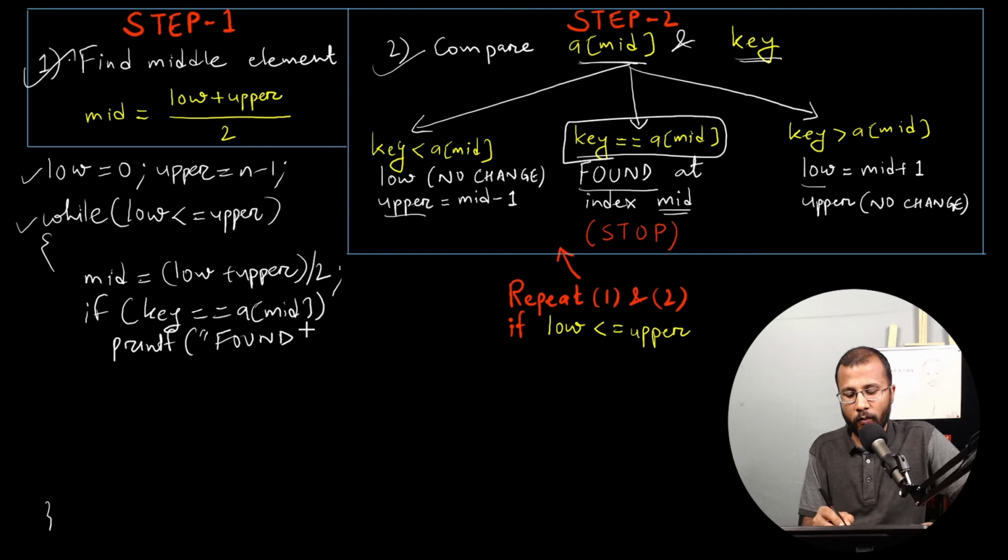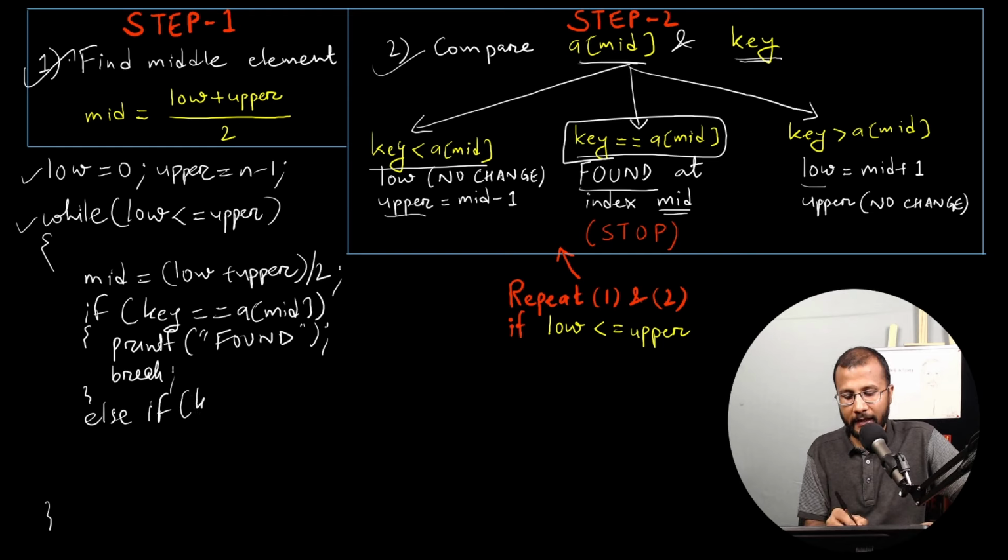And if it is found, I have to break from this entire loop because I have to stop now and not continue further, right? So I'll put this entire thing inside a block. If the key is equal to the middle element, the element is found, and then you stop your loop. Okay, and you write else if, so we'll take this case.